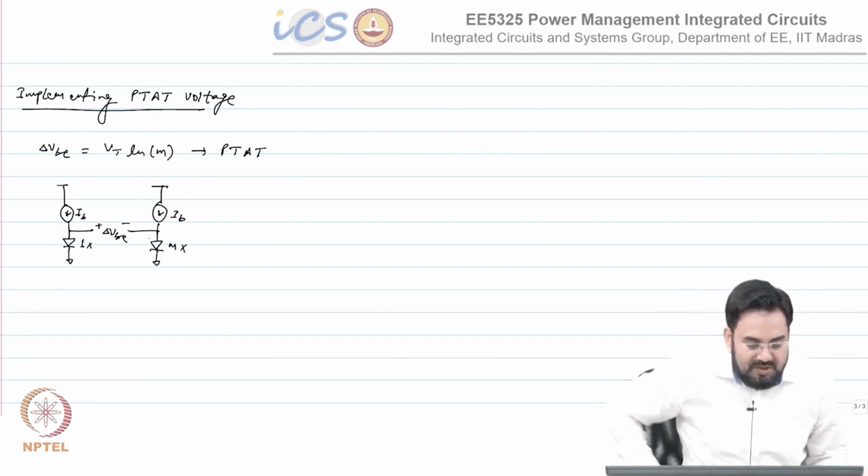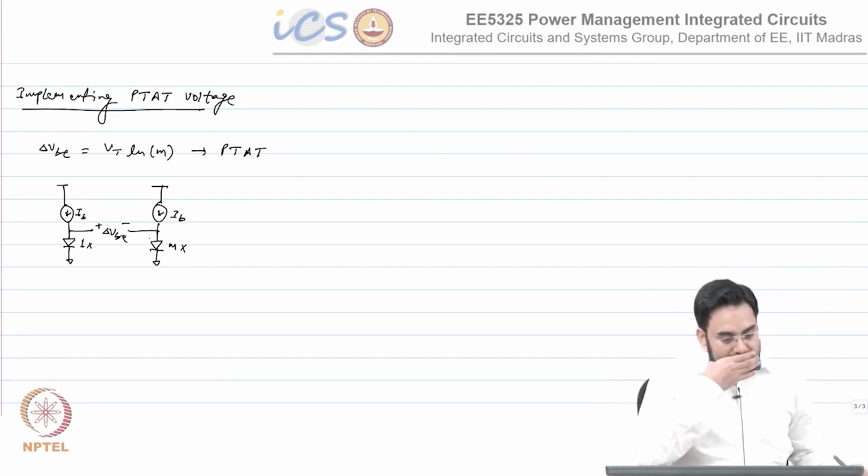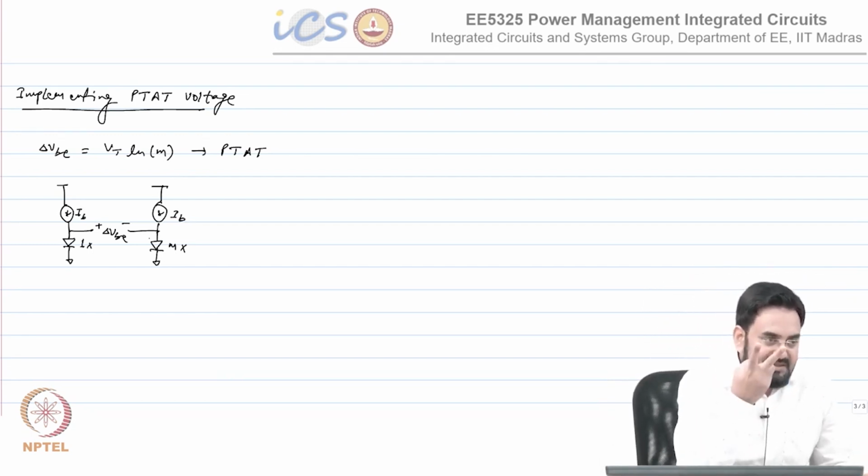So, which means what you need here, you need 2 devices, take the difference.